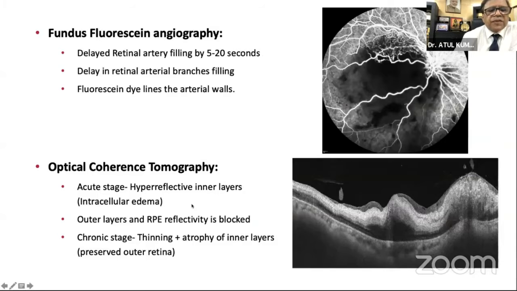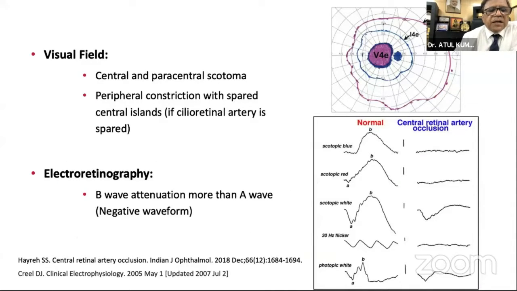Fluorescein angiography typically shows vascular dropout areas because there's no arterial flow in those areas, and the OCT shows folds because of severe intracellular edema. You might get a central scotoma in the region of the macula, and peripheral constriction of the fields because of the loss of function of the retina.